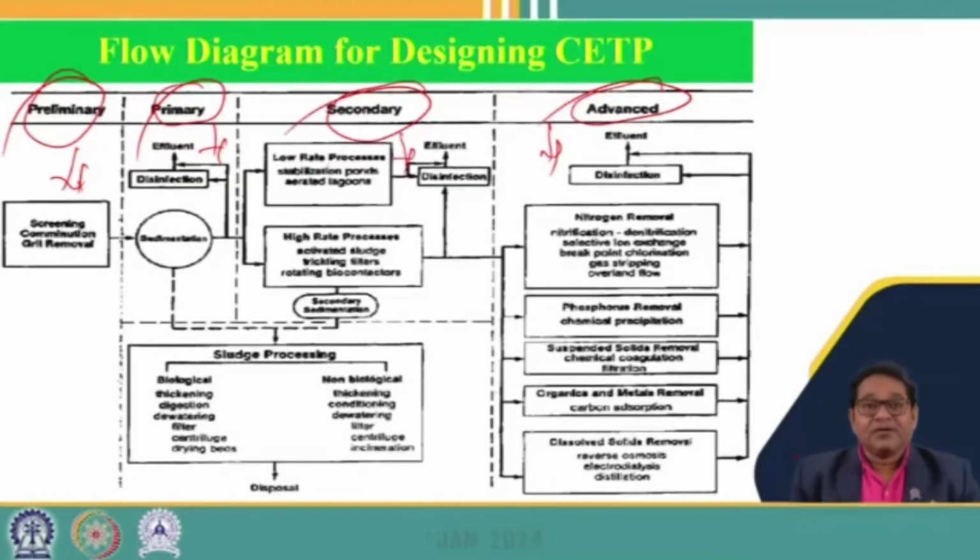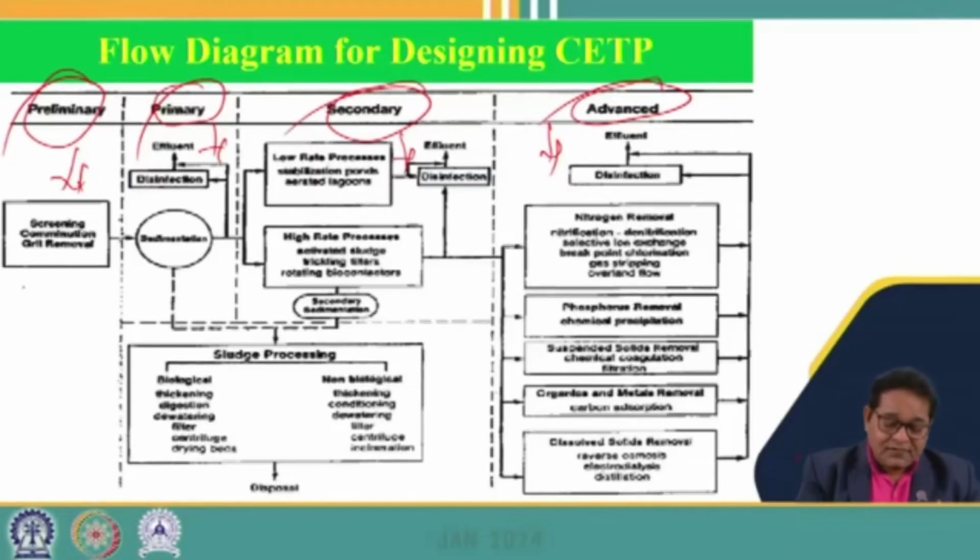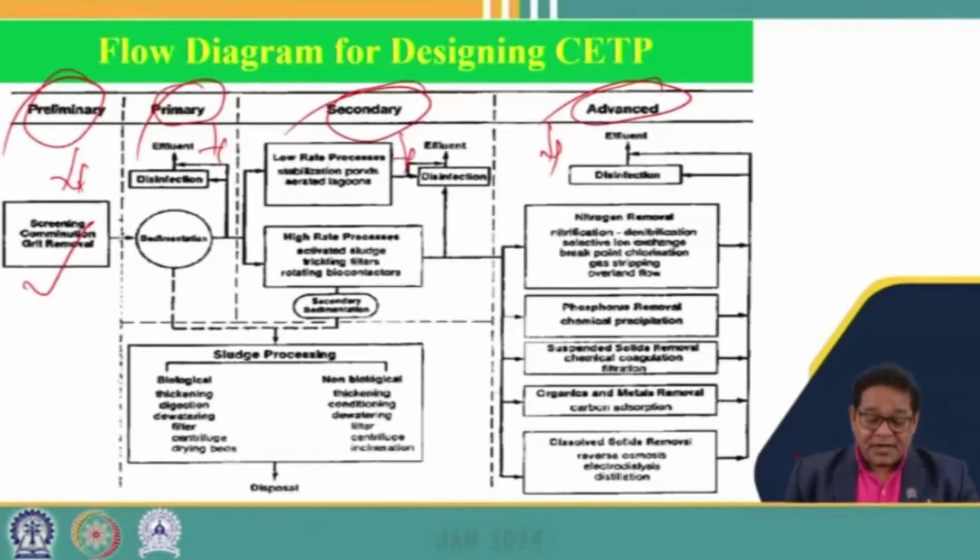Preliminary treatment is mostly designed for removal of floating impurities, sand and silt particles which are present. So design of this and selection of screens, which are required depending upon the quality of the water, has to be done.